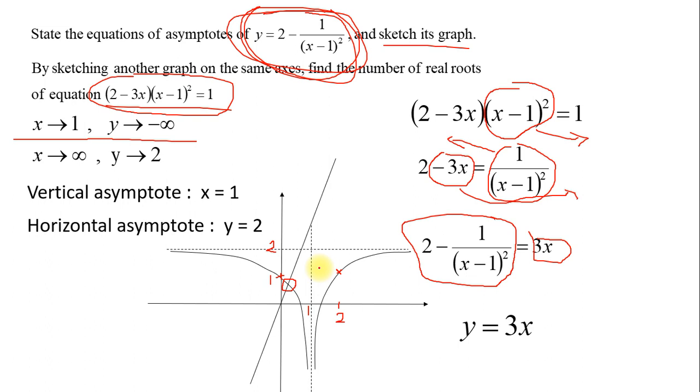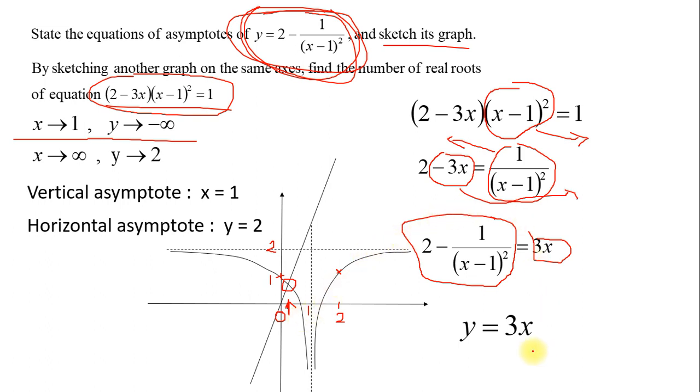But if the question asks us to prove the location of the root, then we have to use the intermediate value theorem. If the question asks us to show that the root is between 0 and 1, then we have to find f(0) and f(1) to show that the root is between 0 and 1, right?